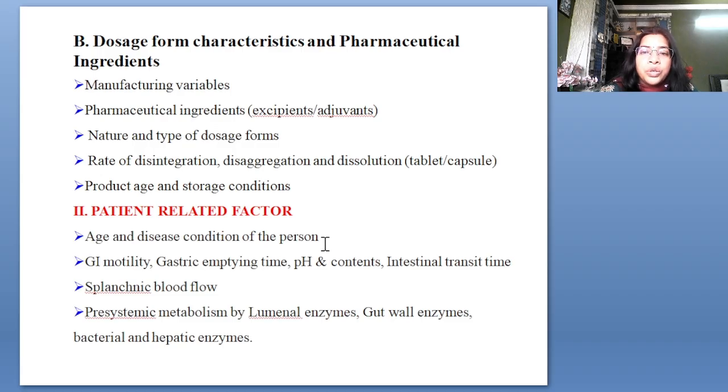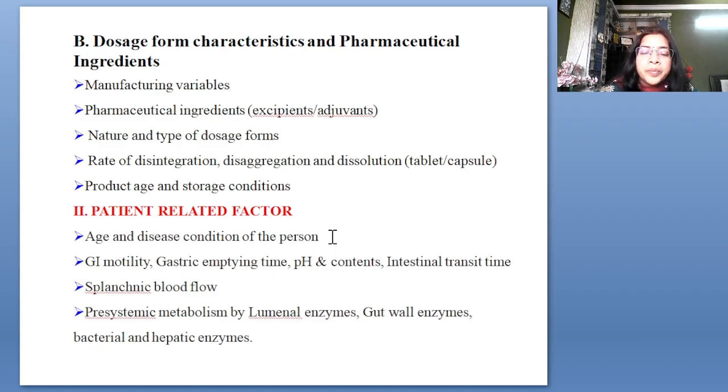In the absorption window, they may also have less developed transport systems in their body. Also, the disease condition may affect the absorption. For example, if the person is suffering from constipation or diarrhea or some liver problem, kidney problem, then the absorption process may get affected.